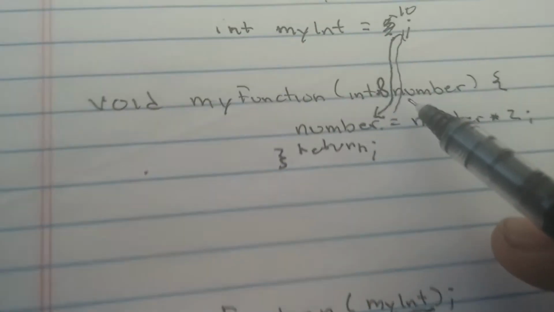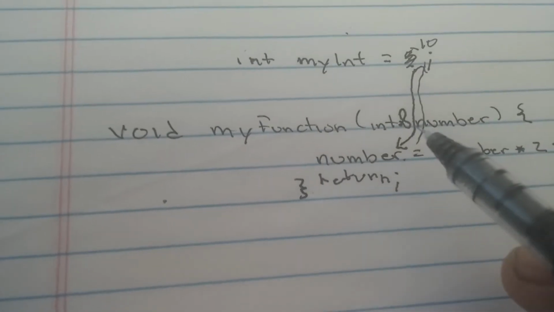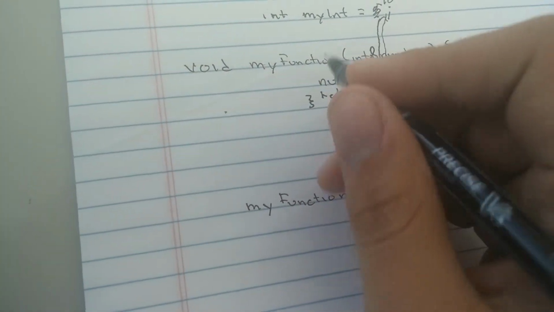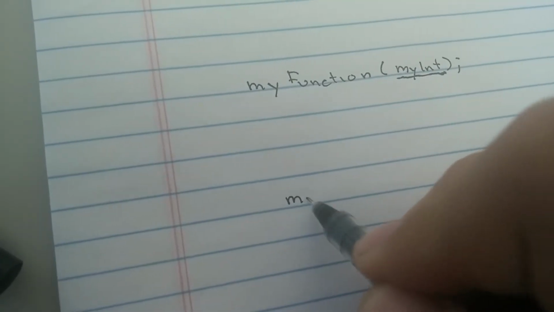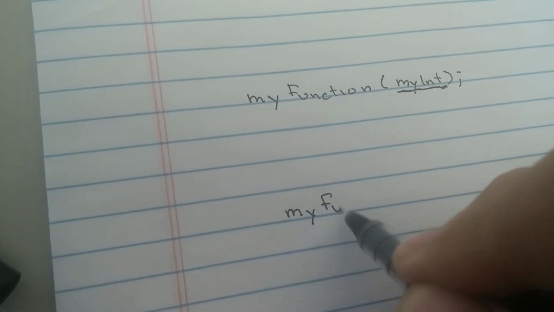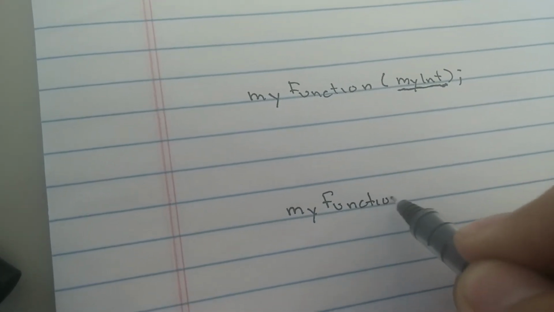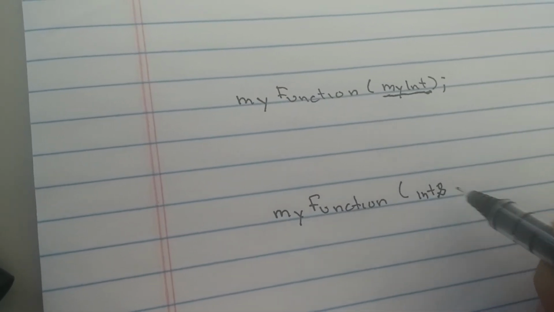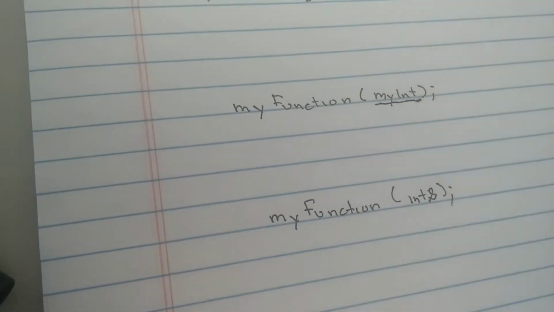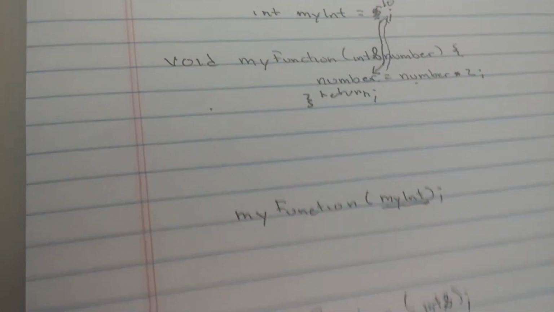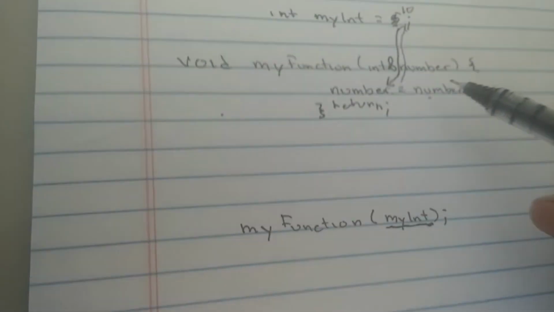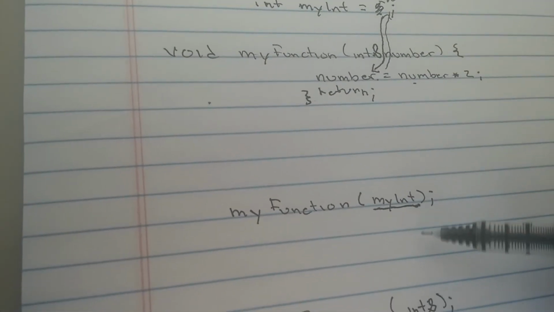If you're declaring prototypes with reference variables, say we were declaring a function prototype, my function, obviously wherever your header file is, or before your main function, if you're just doing a single program file, you would just write my function int and done. That would be all that you do. And then you can choose to name it later on. This name does not have to match that name. It's going to get passed through, come back out.